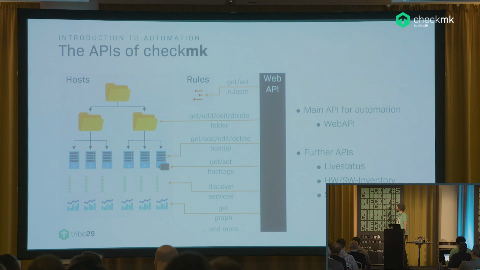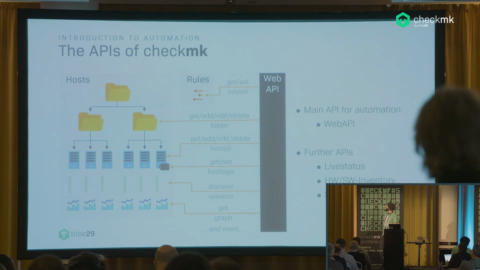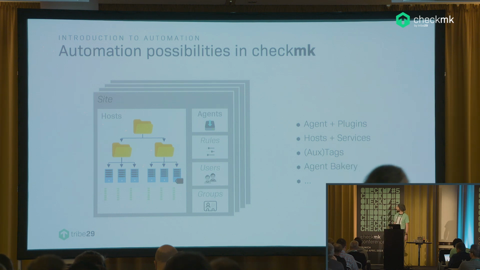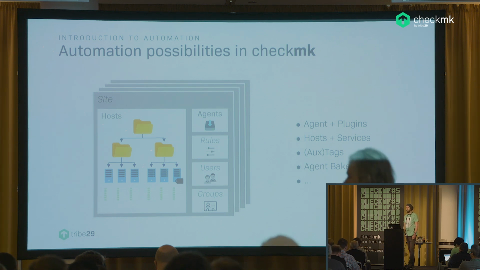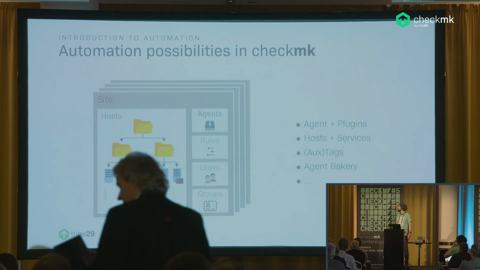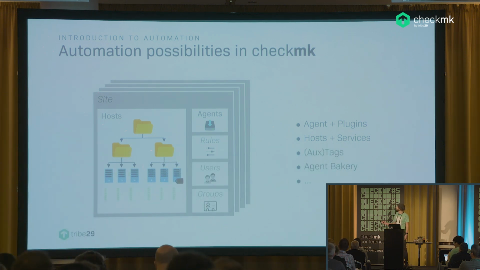If we now take a closer look, you can see what you can really do with Checkmk and how you can use it to automate things. Like I said, you can use sites, hosts, services, and so on. Apart from that, you also have direct access to hosts by using agents and plugins.